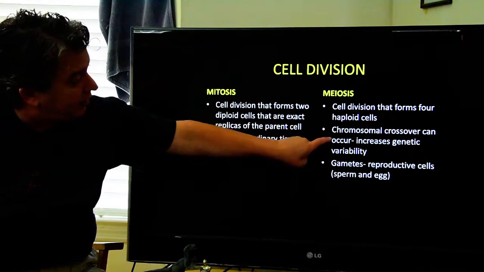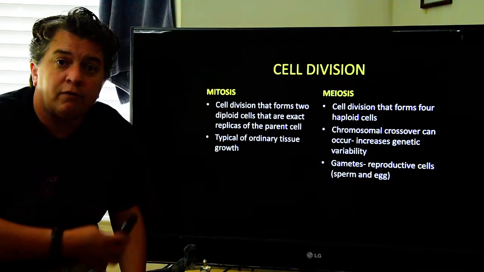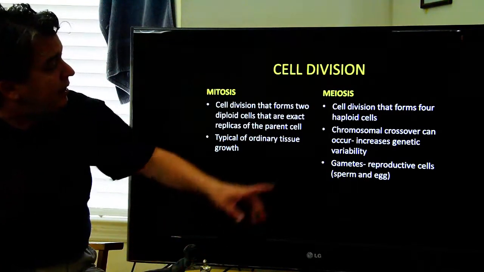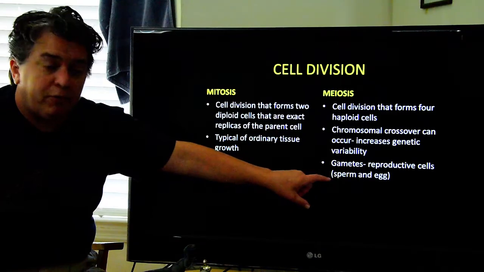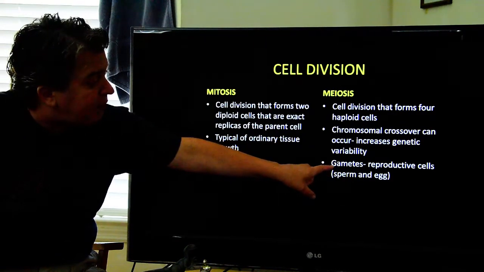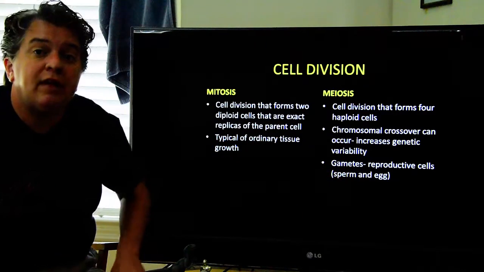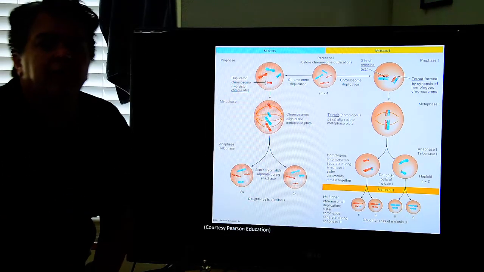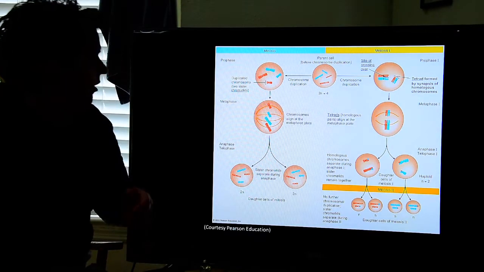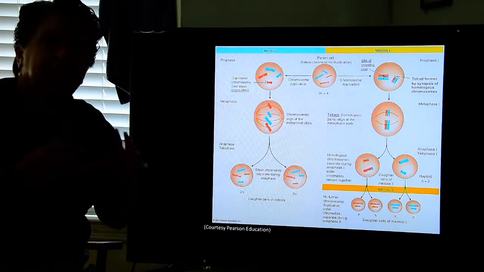And we'll take a look at exactly what this chromosomal crossover is in just a moment. Now, meiosis ultimately produces the sex cells, the reproductive cells that we call gametes, and that's the sperm and the egg cells.